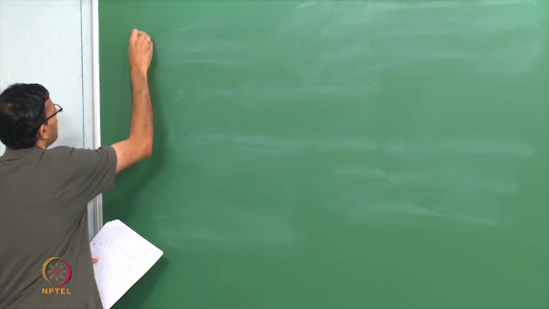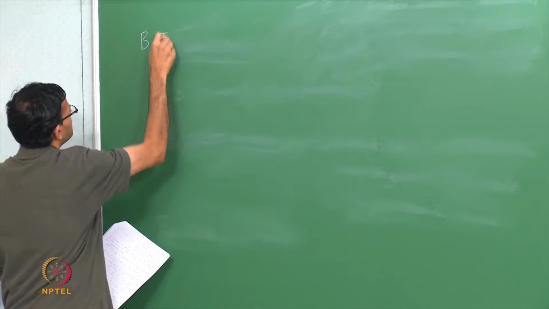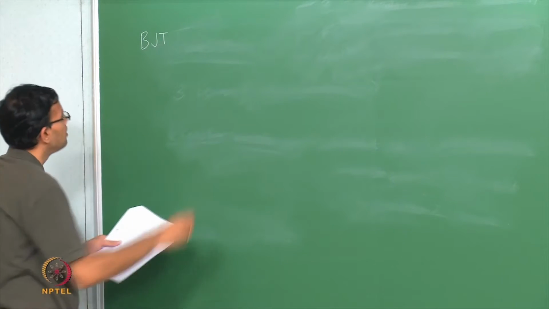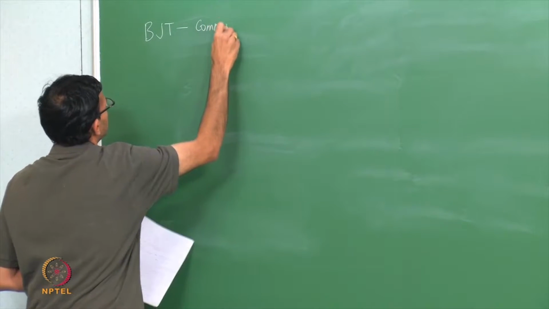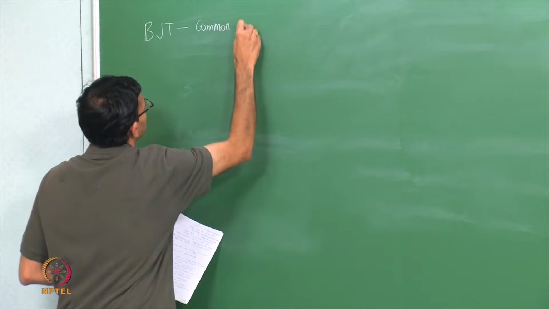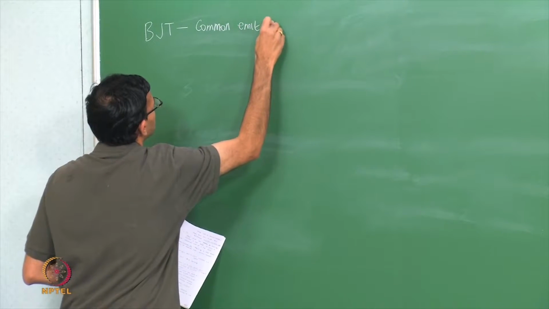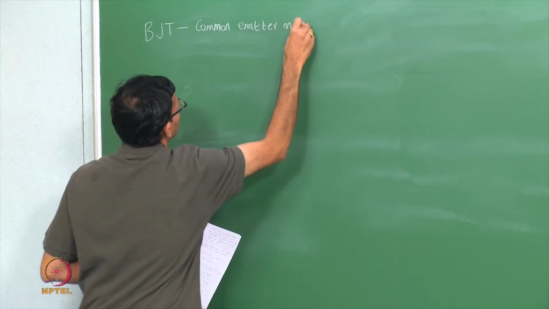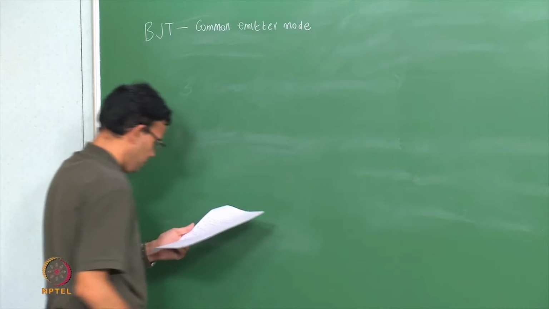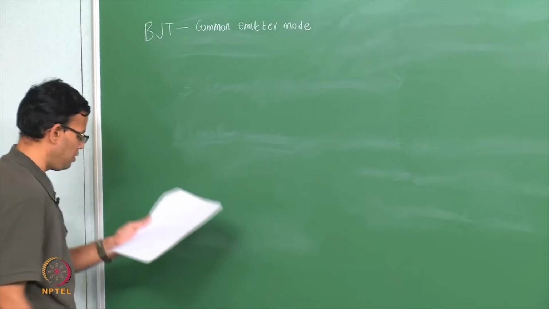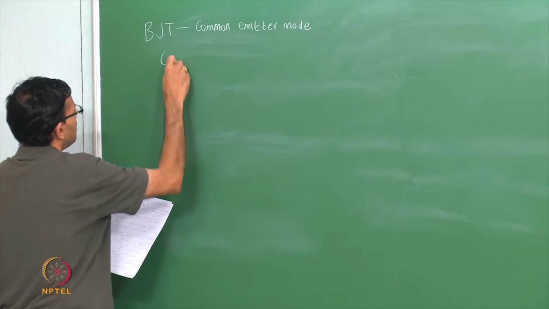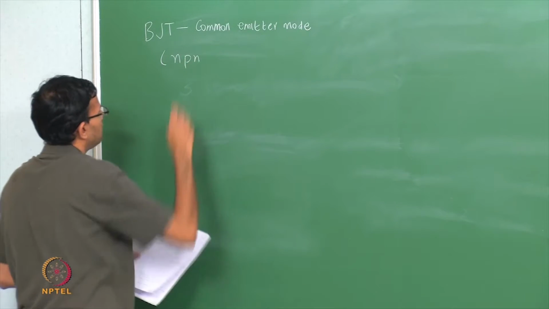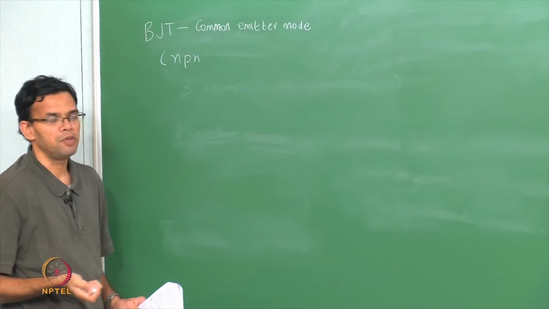So, now you have your bipolar junction transistor, but it is in common emitter mode. If I redraw this, just for example I will choose an NPN transistor instead of a PNP.